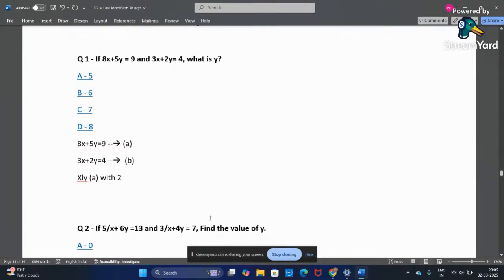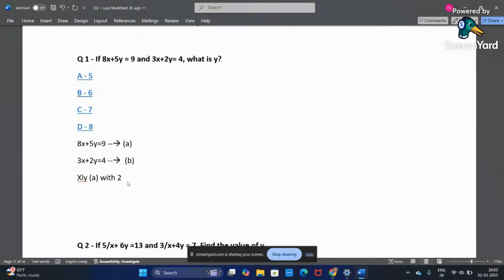What we get by multiplying equation A by 2 is 16x plus 10y equals 18.